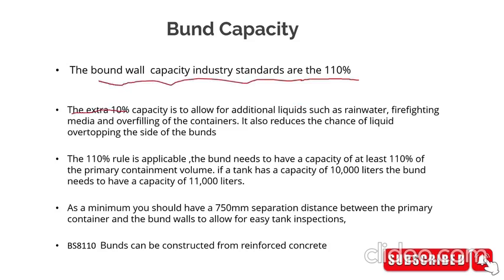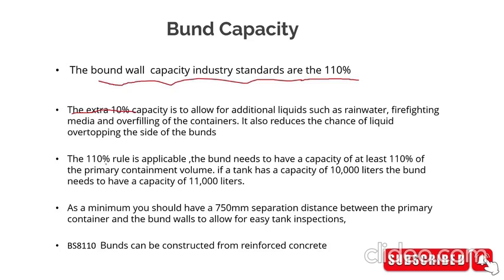The extra 10 percent capacity is to allow for additional liquids such as rainwater, firefighting media, and overfilling of containers. It also reduces the chance of liquids overtopping the side of the bund in case any leakages happen.